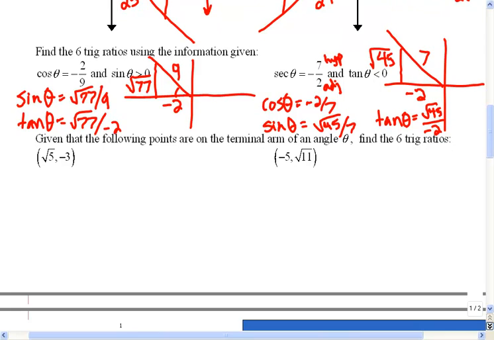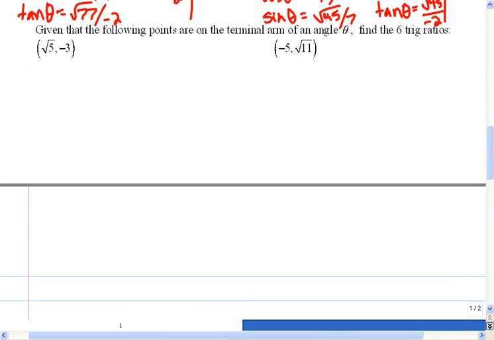Okay? Okay, so again, this time we'll take a look if you have a couple of points. You know what? Let's just do one of these points. They're very similar in idea. So let's just do the first point here. Find me the sine, cosine, and tangent ratios for that point.